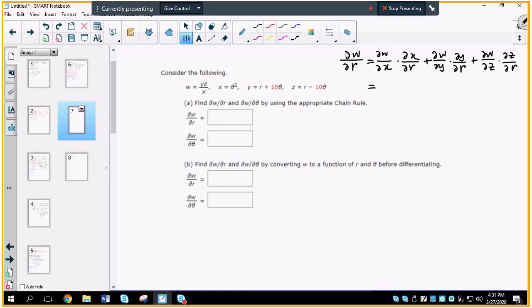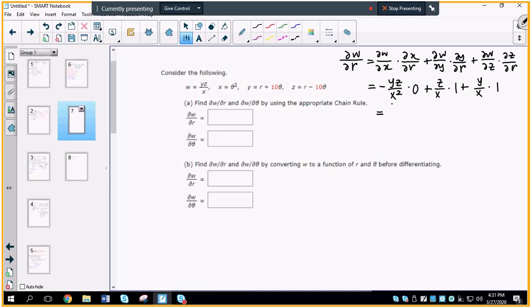Since x is the only variable, y, z are constant, your derivative is going to look like minus yz over x squared times del x del r. Well, that's 0 because x doesn't have any r in it. Then I do del w del y, which is going to be z over x, and del y del r, well, it's 1. Del w del z is going to be y over x, del z del r is also 1. So the first term I don't have to worry about.